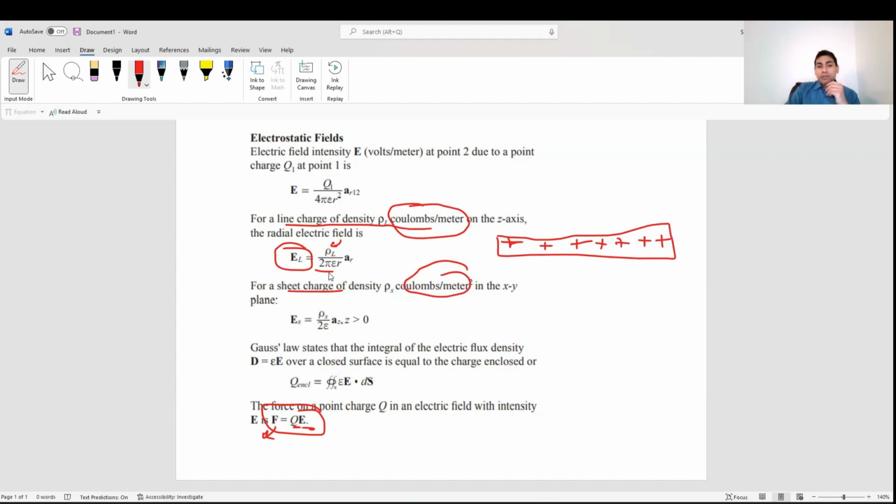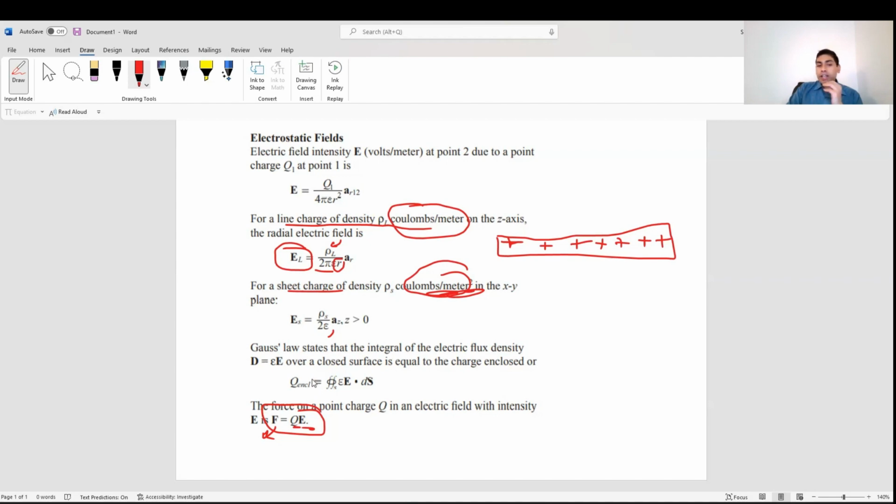The only difference is that since it's a line charge, you do have a component of distance. But when it's a sheet of charge, you do not have that component because it's already incorporated: it's meter square already, and the line one was just meters, so that's why I needed to account for that distance. As you practice more questions, I'm pretty sure you'll get a hang of it, but just so that you guys know.